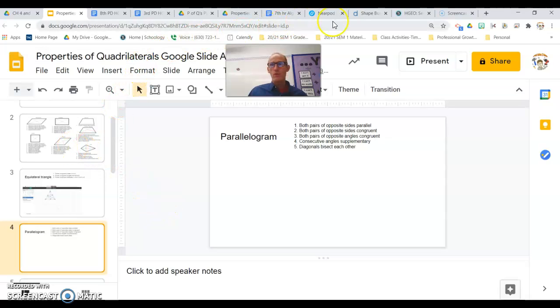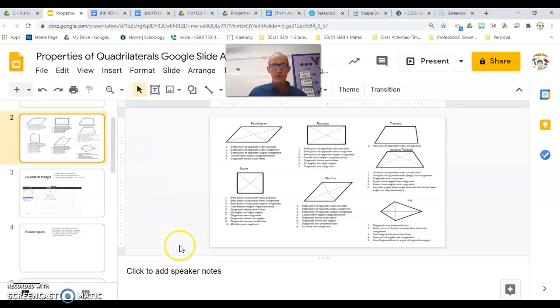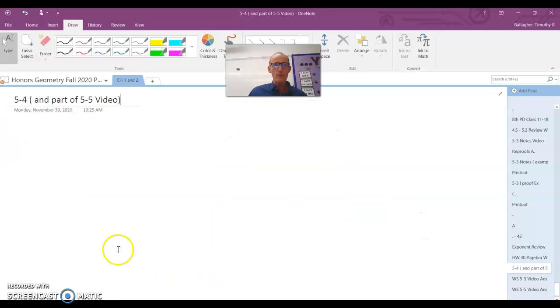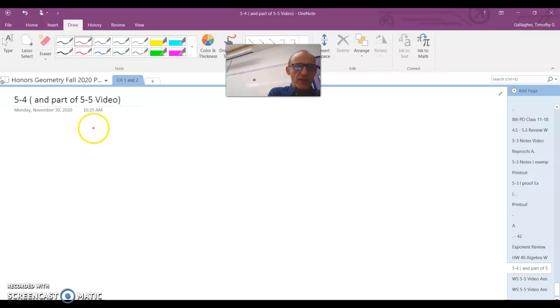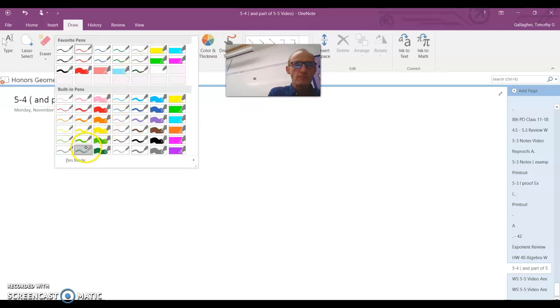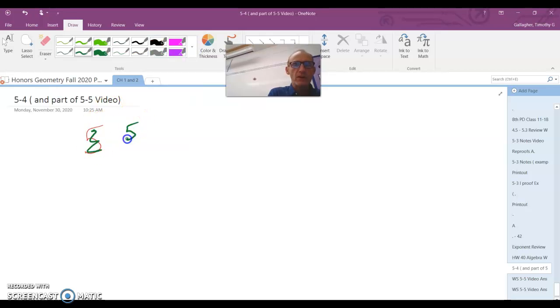So what is it that we need to be able to get done with this? Well, this is 5-4 and part of 5-5 and maybe even 5-6. 5-4 starts out with the quadrilaterals.